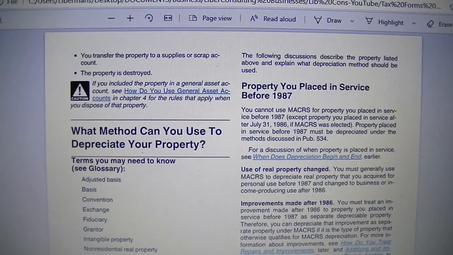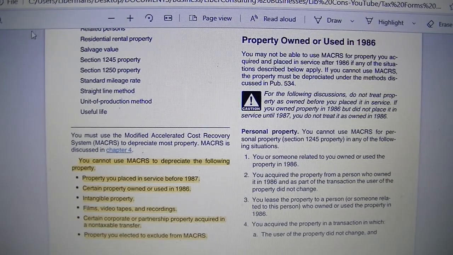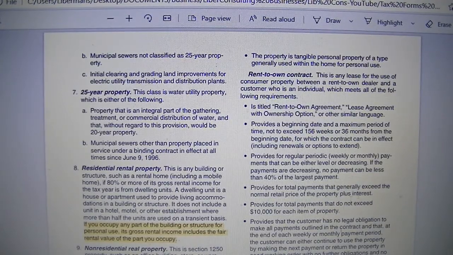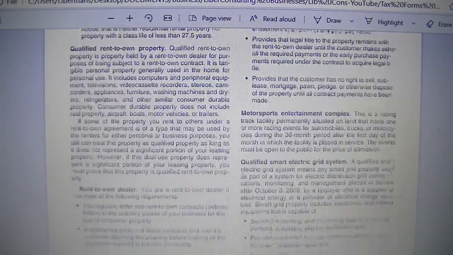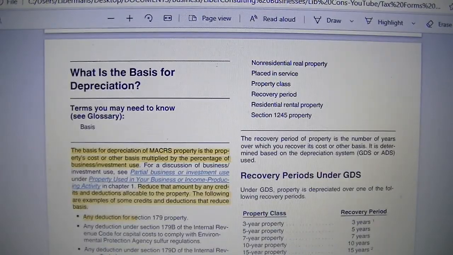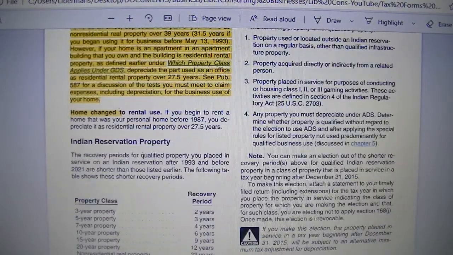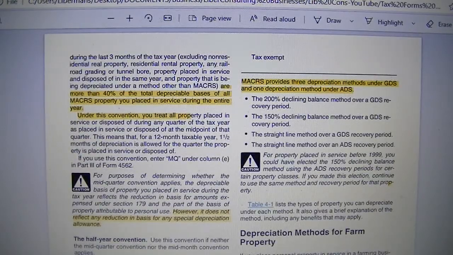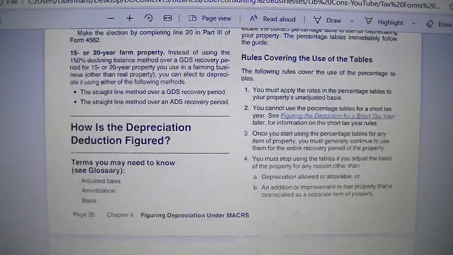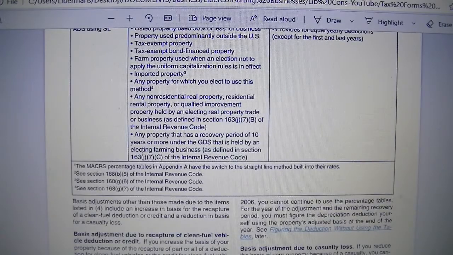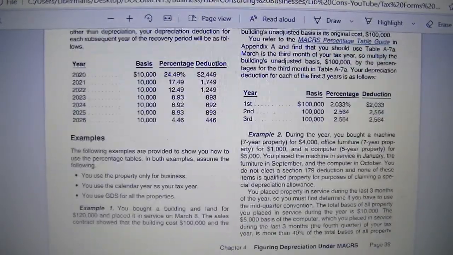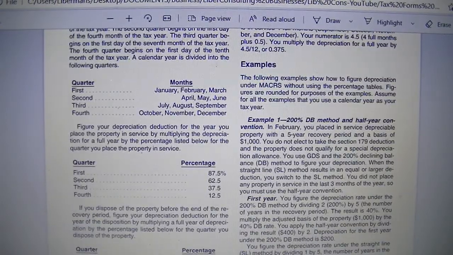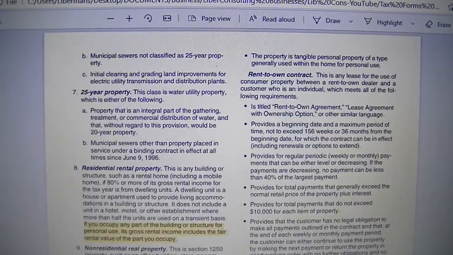The information will be on page 8 of the instructions, and for the publication, on page 30.